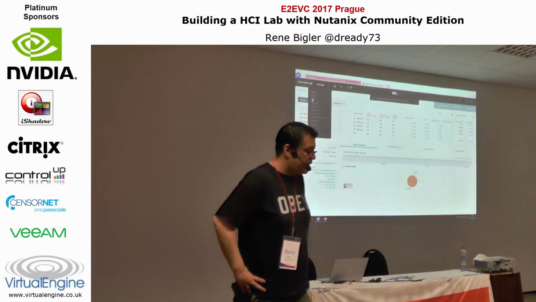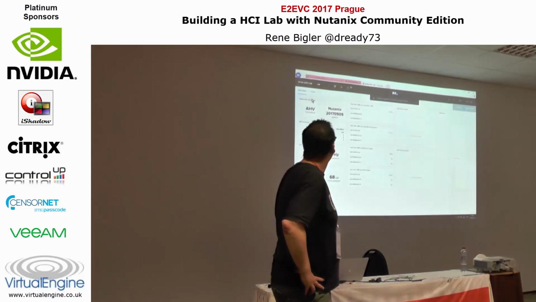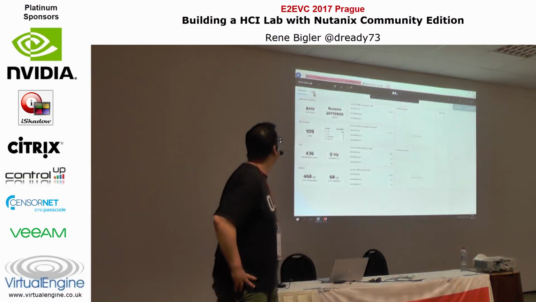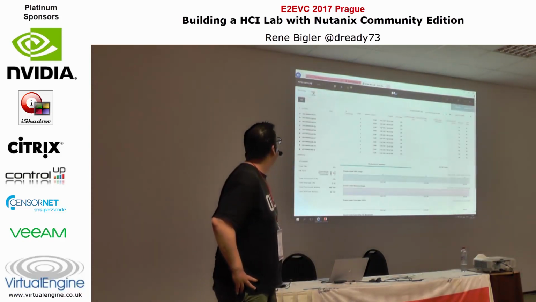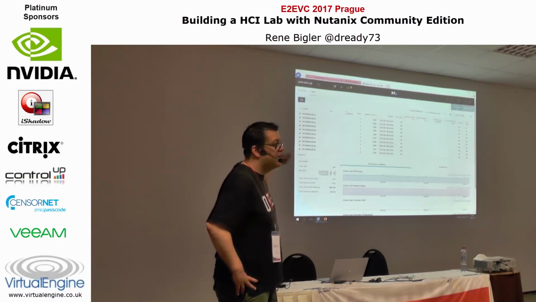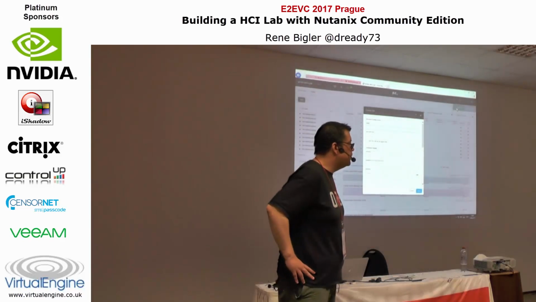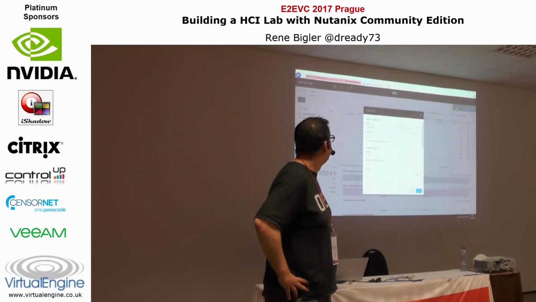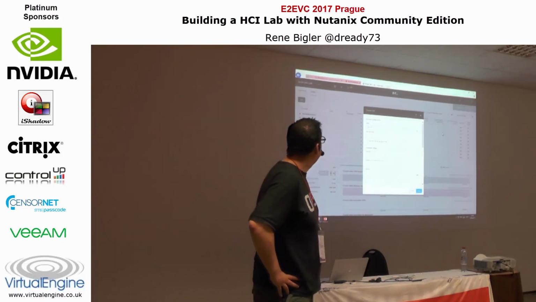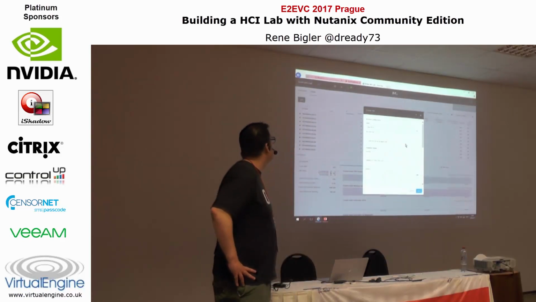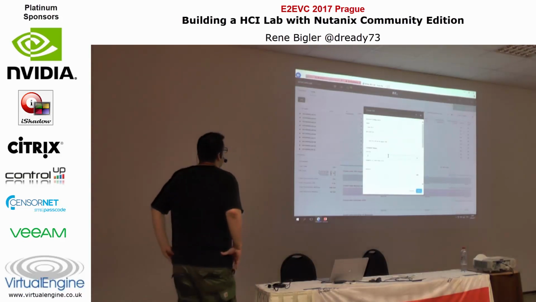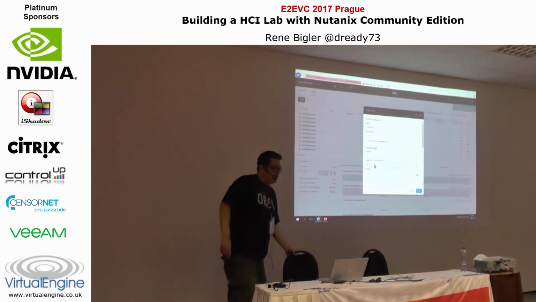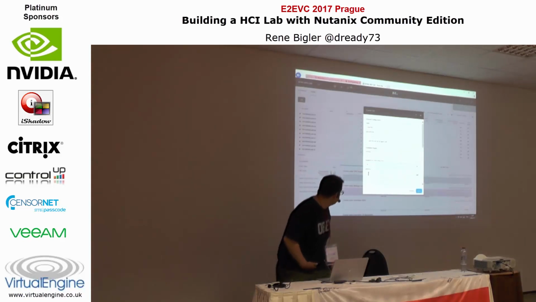To create a new VM, you go here. These are my provisioned VDIs, and as long as they don't run, they don't consume any CPU and memory. To create a new VM, you have to put in the name, assign how many vCPUs, cores, memory.